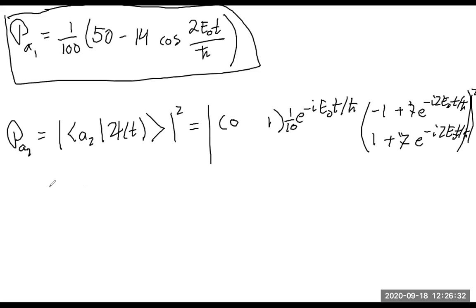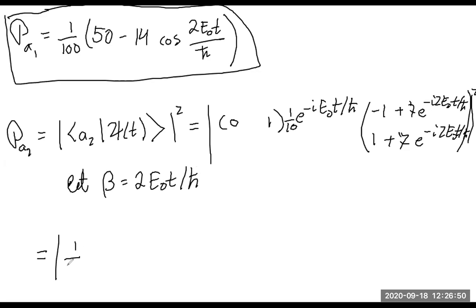So here, just to make my life a little bit easier, I am going to say let beta equal 2 E naught t over h bar, just for personal sanity, because I definitely have gotten sick of writing all this stuff down.